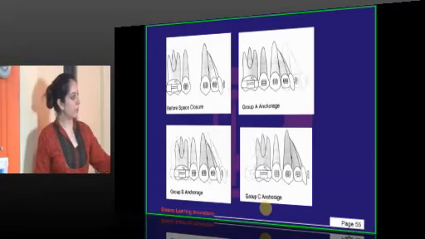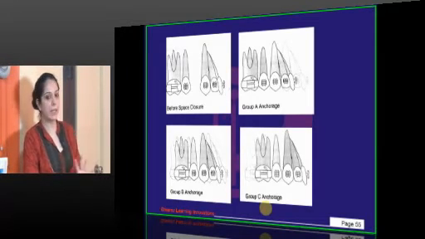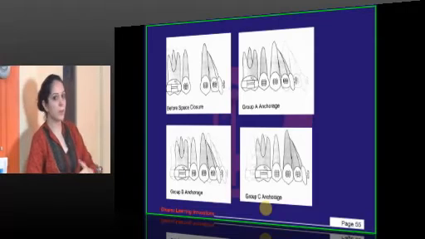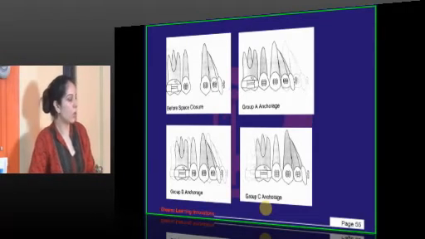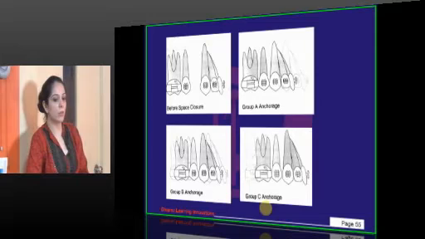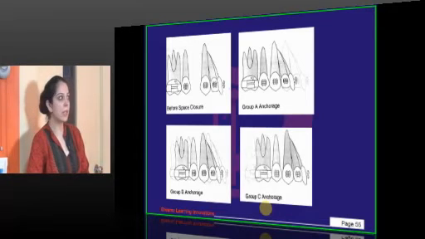In this picture, the first one shows a freshly extracted premolar and we are supposed to retract the anteriors. In group A anchorage, 0 to 25% of movement is allowed by the anchor unit, and the rest, 75 to 100% of movement, is done by the anteriors.